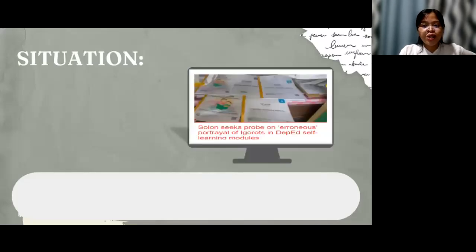Here is the situation. I want you to focus on the TV screen or the computer screen. It says here that Salon 6 probe on erroneous portrayal of Igorots in self-learning modules. So I researched about this topic, and as you can see on the picture, there are modules for elementary students.